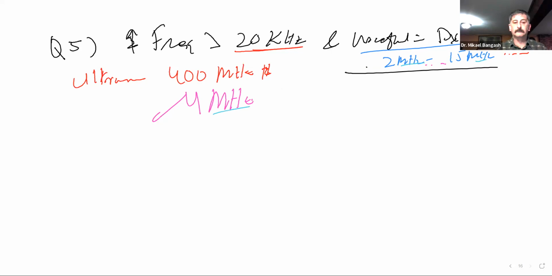Please keep in mind, guys, these 4 megahertz could also be 4,000 kilohertz, or you can write it like this, 4 million hertz, which is 4 megahertz.